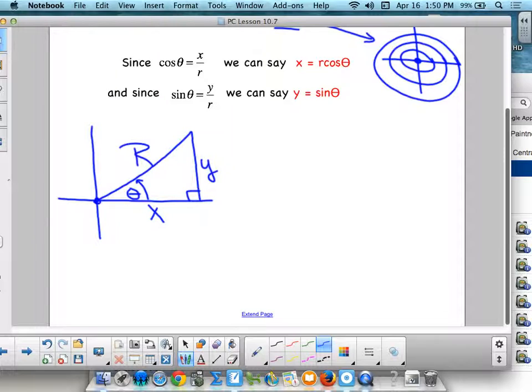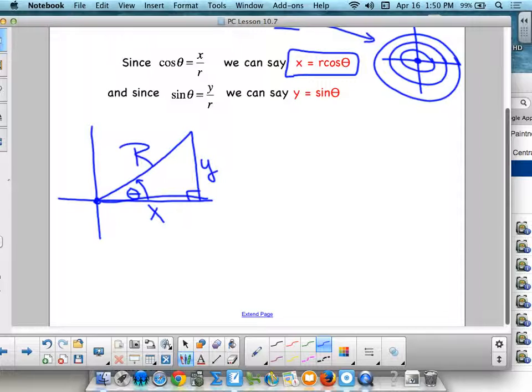So, tell me this. Do you remember that we said cosine of theta is x over r? Adjacent over hypotenuse, x over r, right? So if cosine of theta is x over r, here's what we can say. We can say that x equals r times cosine of theta.